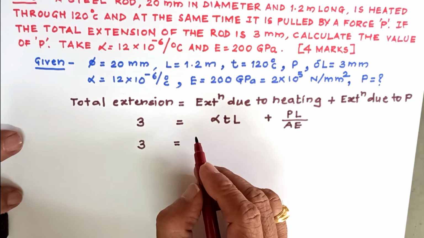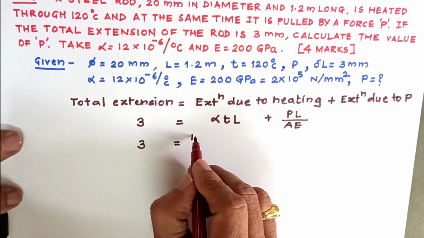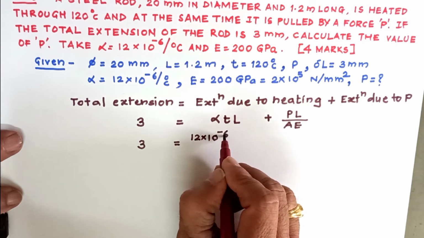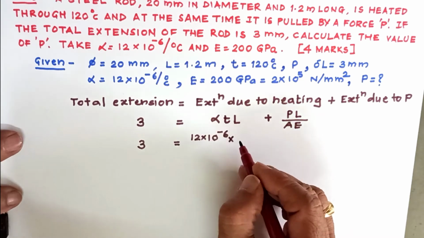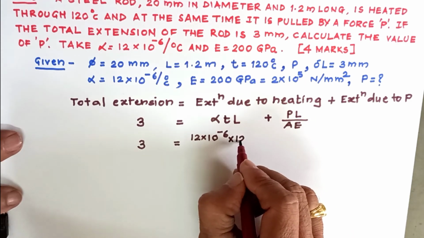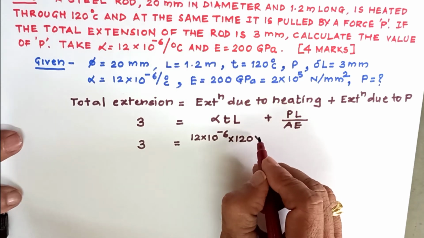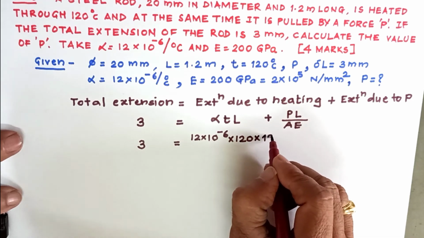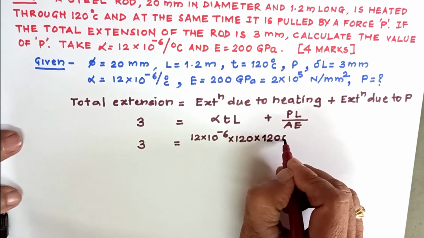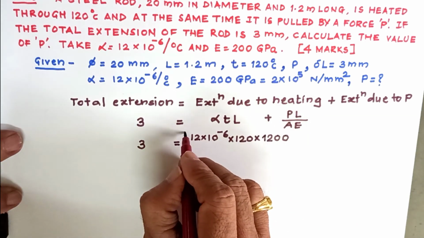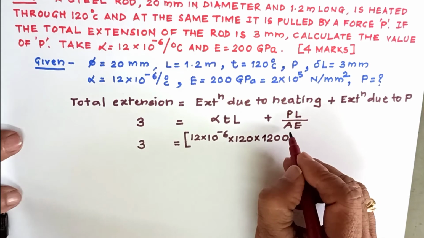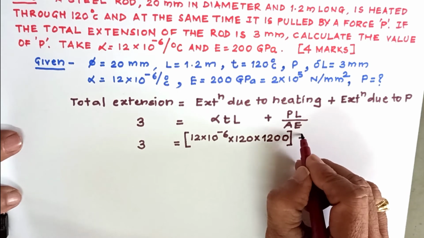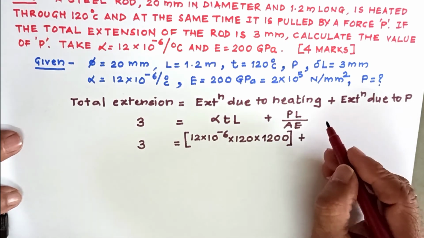Alpha is given as 12 into 10 raised to minus 6, into T is given as, directly change in temperature is given, 120, and L is given as 1.2 meter, means it is 1200 mm. We have to convert it in mm. This is the extension due to heating of the rod plus P we want to find out.